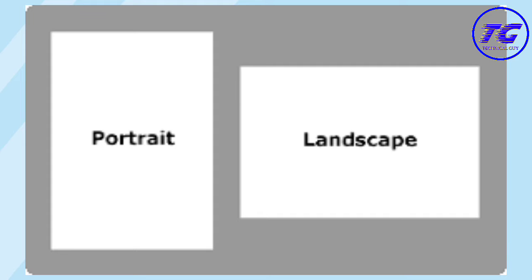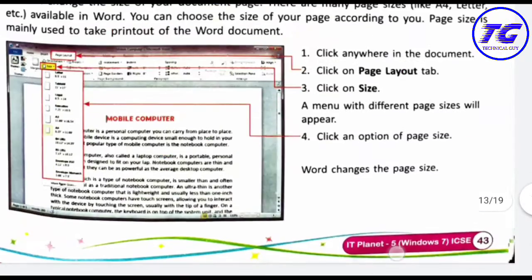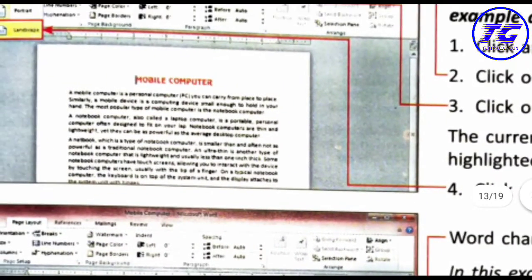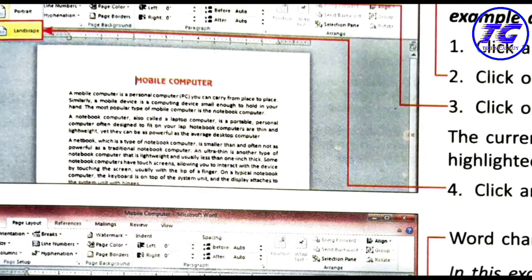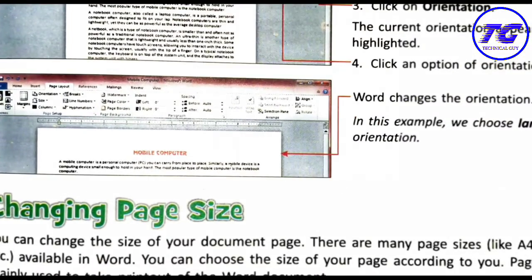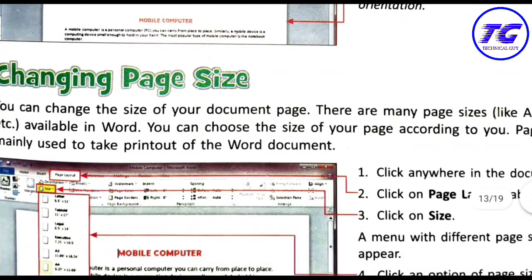Portrait means the page will appear longer than wider, but when you change it to landscape, the page will appear wider than longer. For example, this first page is the portrait page, and this page which is wider is the landscape page.